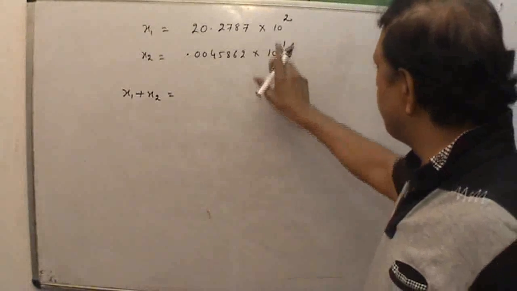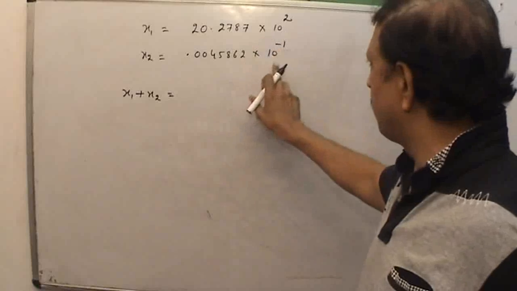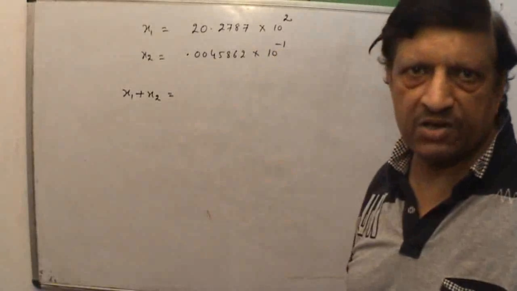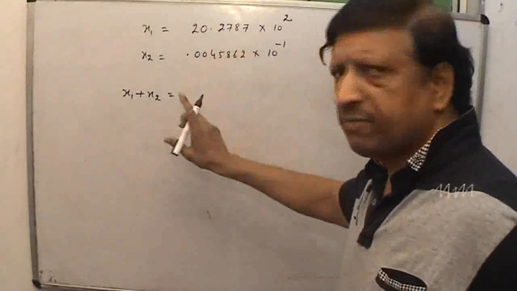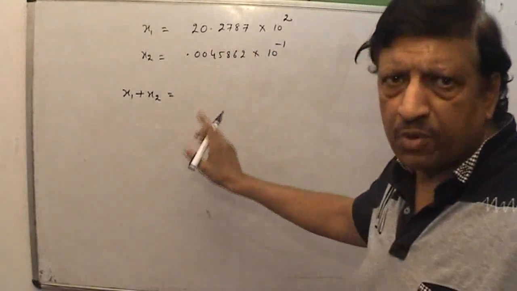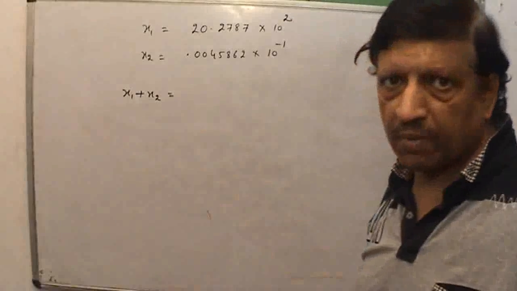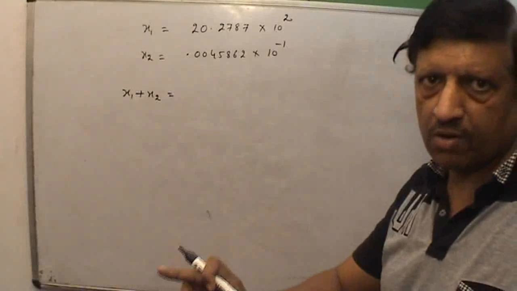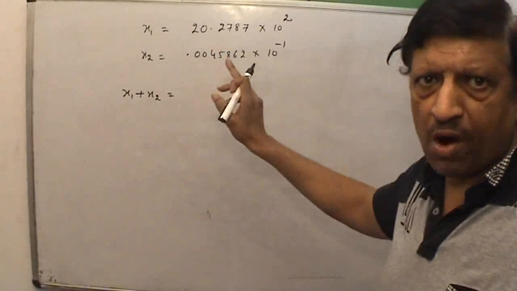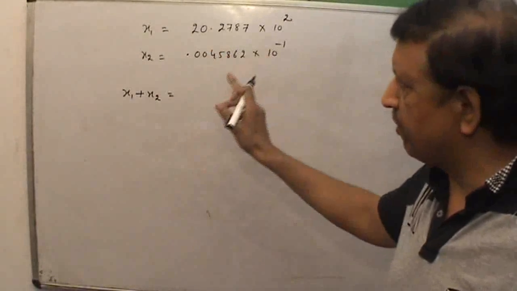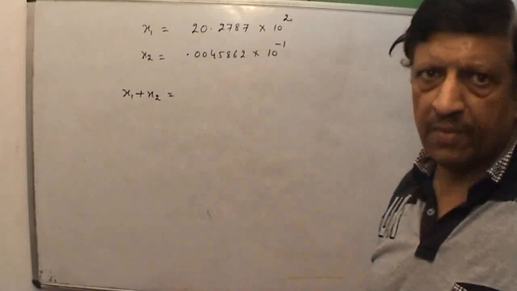How our system will deal with this problem is what we are going to discuss. It does not mean we multiply this figure by 10 raised to the power 2 or this figure by 10 raised to the power -1. That is ridiculous. We have to see only how our computer system deals with this problem. Our computer system has a particular system, the 8 decimal point representation, and it will follow the same system.